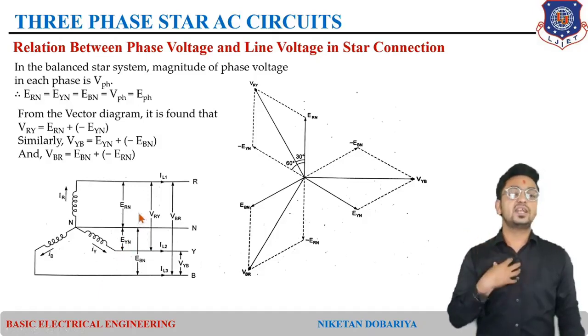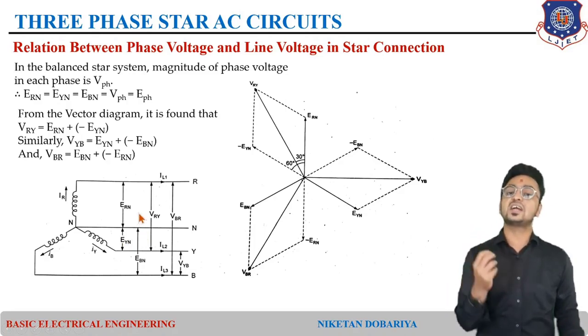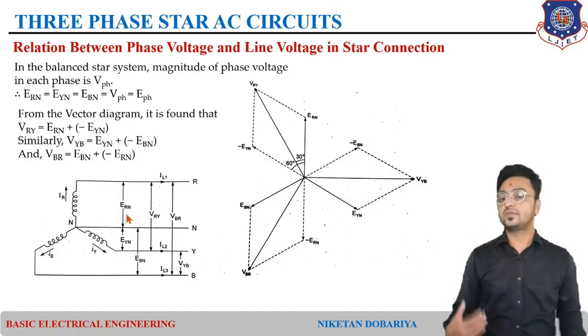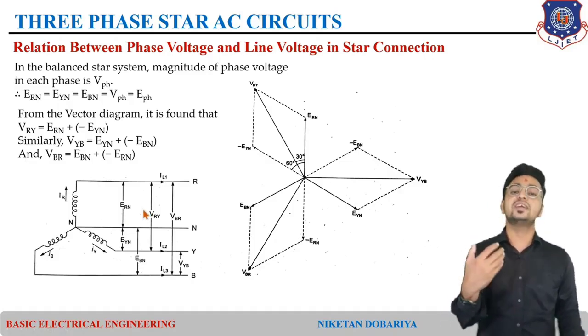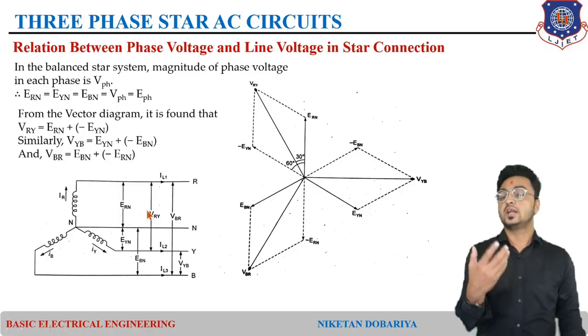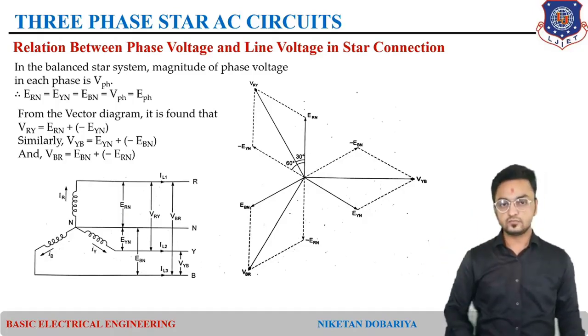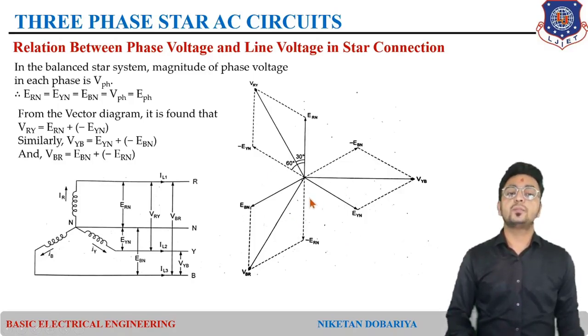Normally when we draw the phasor diagram for a three phase circuit, we always start with the phase voltages, because they are provided initially, and based on them the other voltages and currents are produced. So first we plot the three phase voltages.